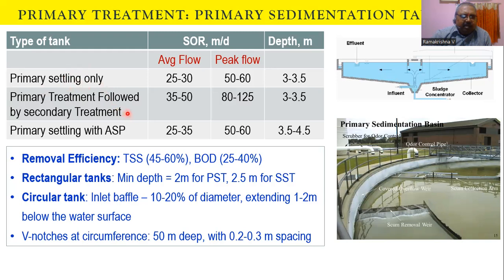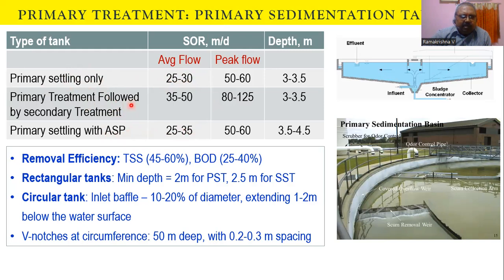Then the primary sedimentation should be followed by secondary treatment. And there are different options. Based on the options, the surface overflow rate is fixed here. Average flow and peak flow are separately considered. When you're talking about only primary settling, the average flow should be around 25 to 30. But usually, when the activated sludge process is followed after primary settling, it is 25 to 35 meters per day.